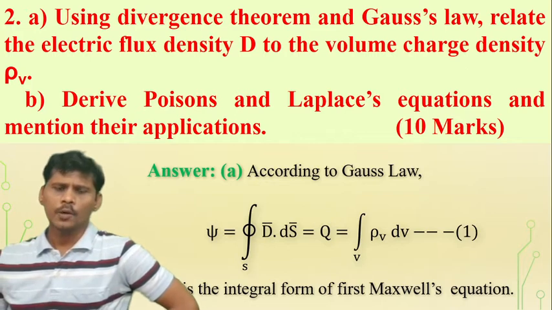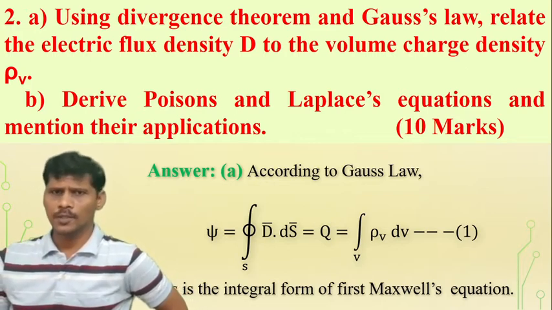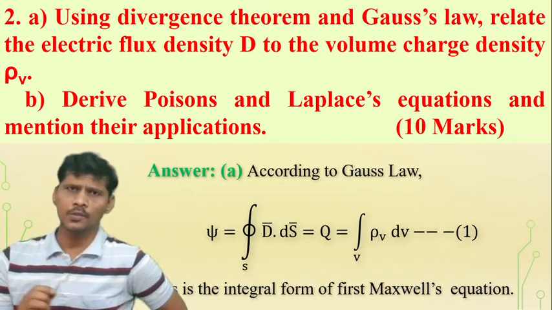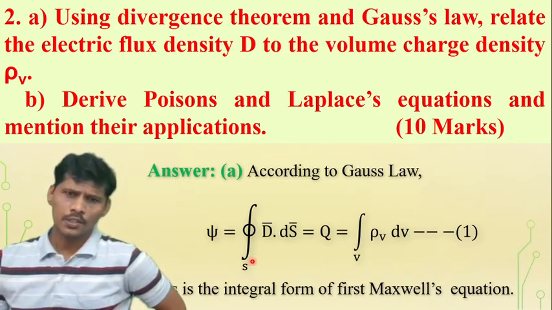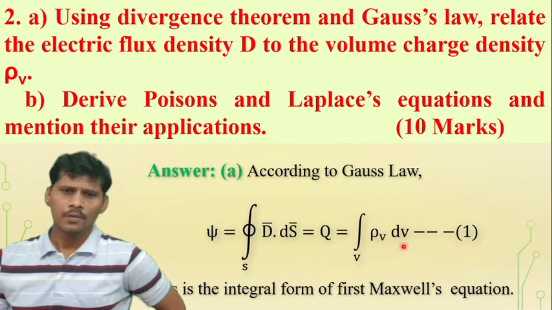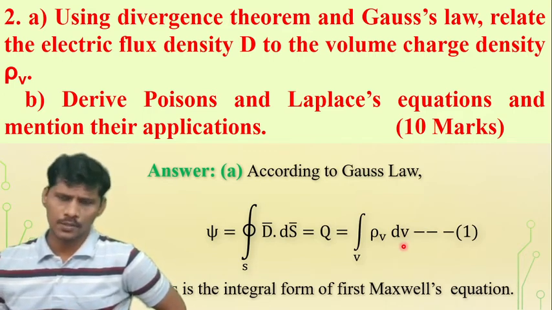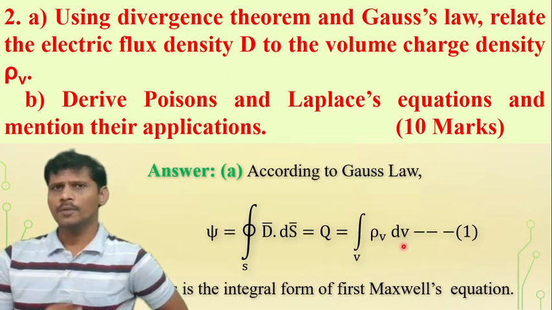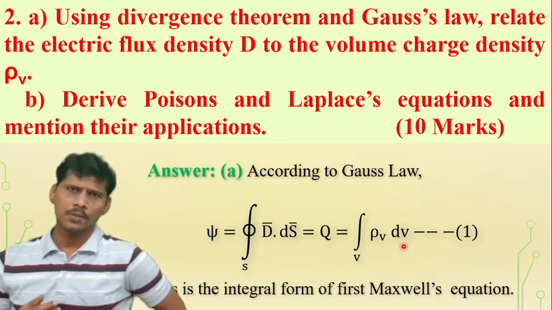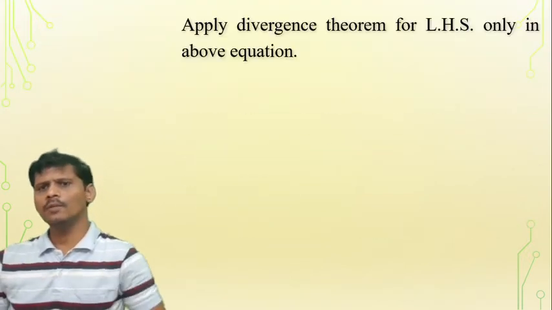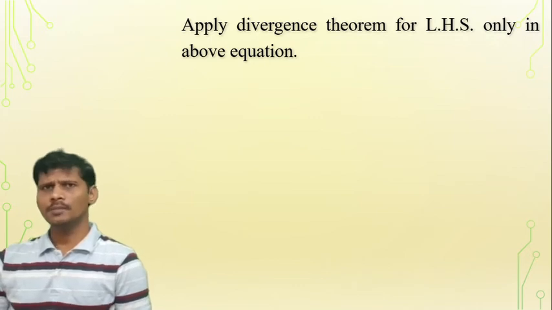Now find out the differential form of the Maxwell equation. How to calculate the differential form using this equation? Applying the divergence theorem to this equation, we get the differential form or point form of the Maxwell equation. What is the statement of the divergence theorem?